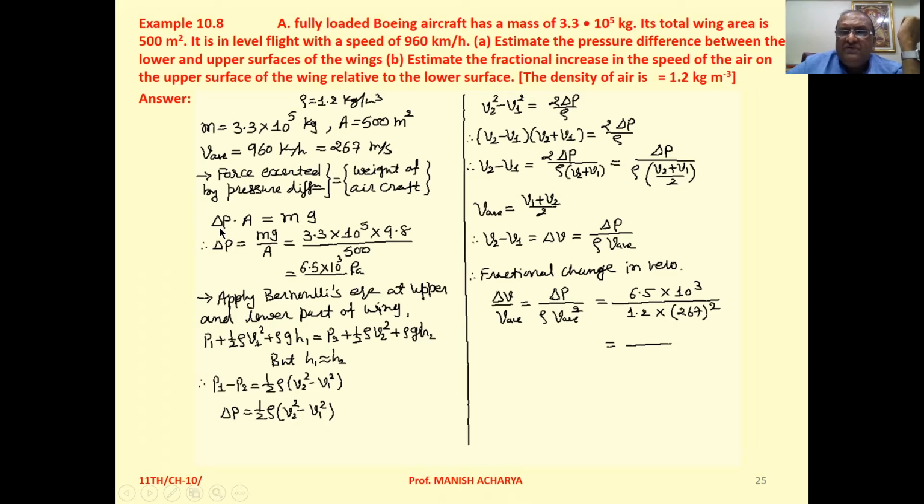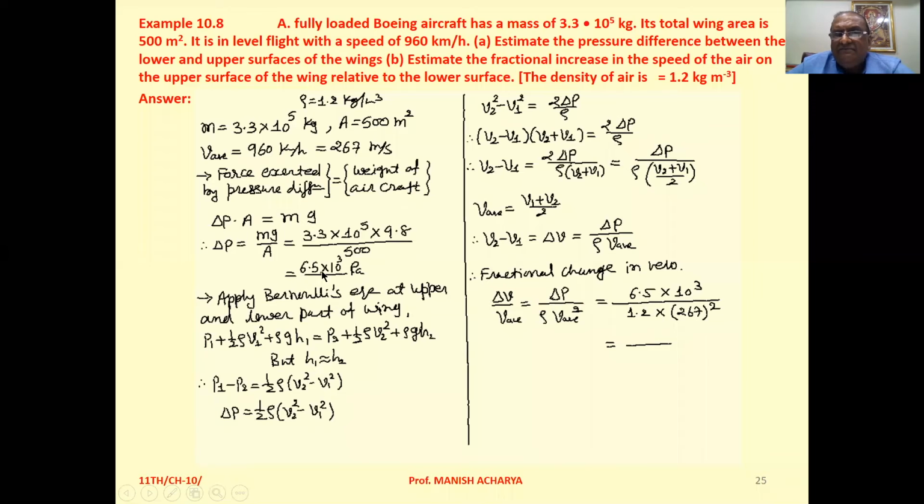Suppose the pressure difference is delta P; delta P times the area of the wings is the force exerted by the pressure difference. So delta P into A is mg, so delta P is mg upon A. With m as 3.3 × 10^5, g as 9.8, and area 500, solve it and you will get the pressure difference.